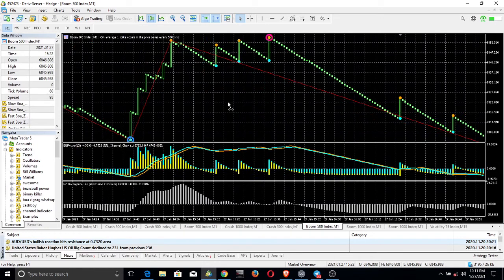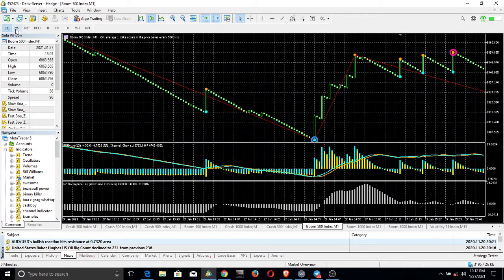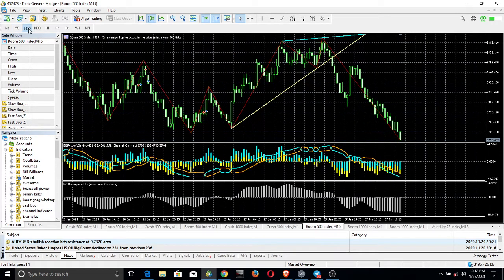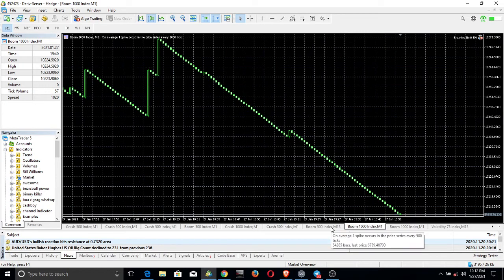You then confirm your trend with the higher time frame, which is the 5 minutes or the 15 minutes time frame. These are trend-confirming tools to use to confirm your trend. Okay, now this is Boom 1000.